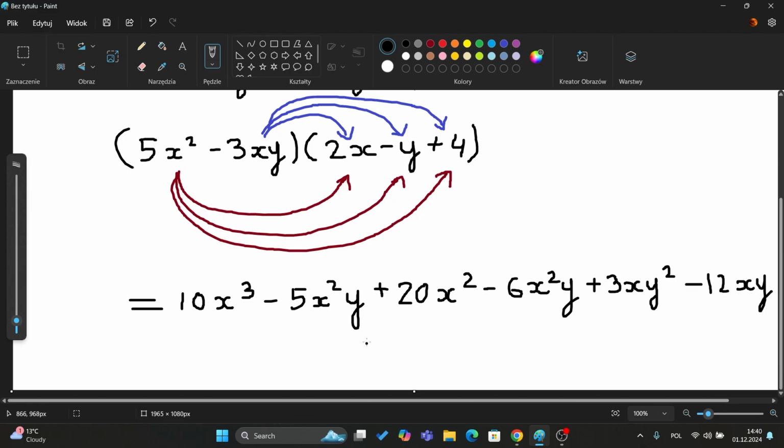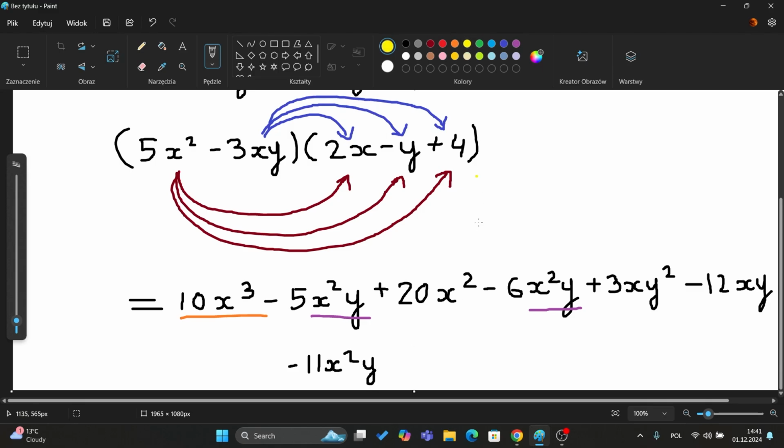Now what we do here is collect the like terms. So x cubed doesn't have any like term, and x squared y is there, so we're going to minus them together to give us minus 11, so that is minus 11x squared y.